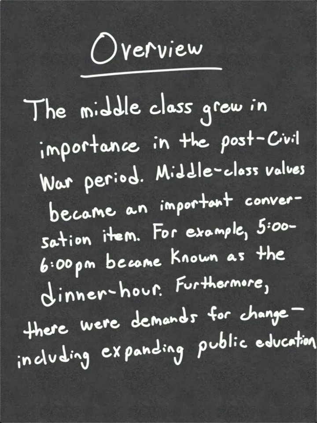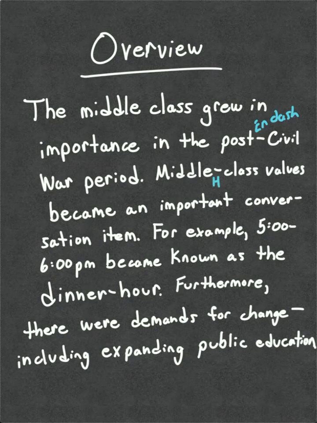So to bring it home for you, I put together this paragraph. The middle class grew in importance in the post-Civil War period. So for post-Civil War, we have an example of an en dash. And then in the next sentence, middle-class values.